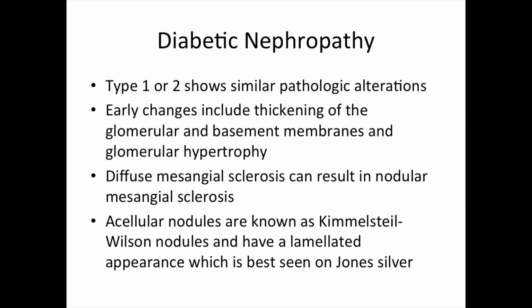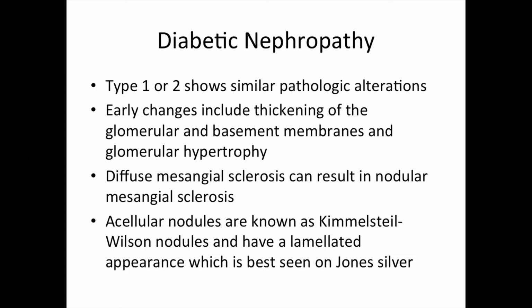So diabetic nephropathy, the changes are present with type 1 or type 2. They show similar pathological alterations. Early changes, as we said before in the lectures, are thickening of the glomerular basement membrane and glomerular hypertrophy. One of the early changes is also mesangial hypercellularity.